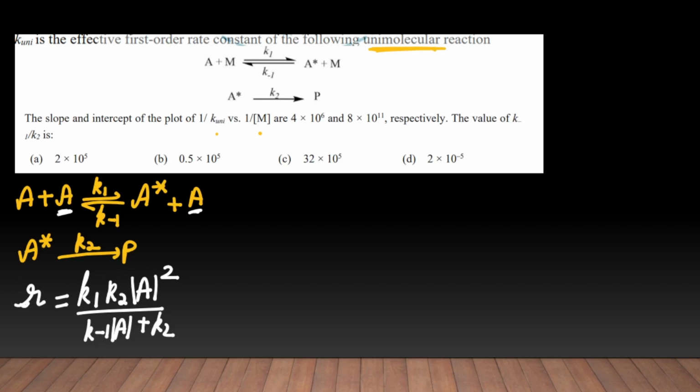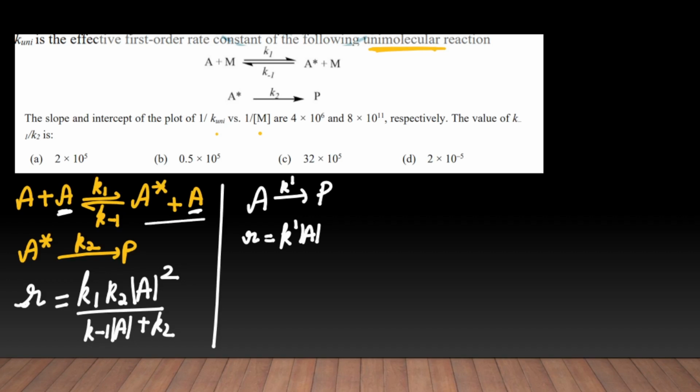The actual reaction taking place is A being converted into the product P. So for this, the observed rate constant, suppose it is K dash, the rate will be equal to K dash into the concentration of A, right? It is the same reaction, which has taken place in a number of steps, and this is the overall rate constant, overall reaction and the corresponding rate.